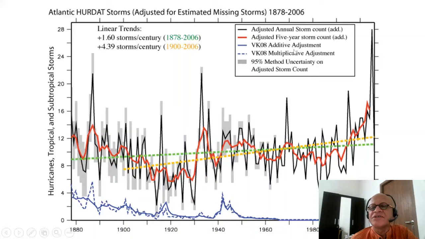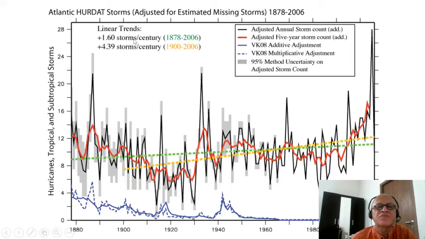VK08 additive adjustment, VK08 multiplicative adjustment, and 95% method uncertainty. So I'm not even going to say what those are, but you can go and read about the reprocessing. So you can see the stark difference between the additive adjustment and multiplicative adjustments that give us these numbers.